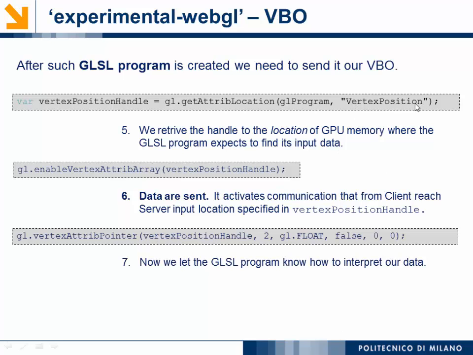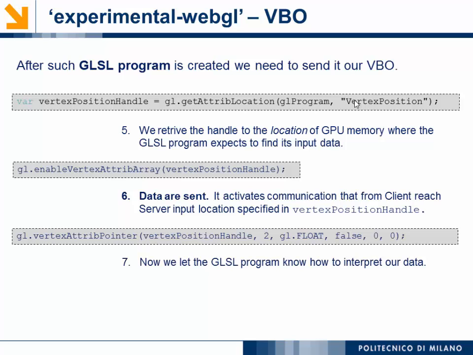Vertex position. Probably this part will be more clear later on, but our first GLSL program just works with vertices. Vertices, thus vertex data, are the input of our program.